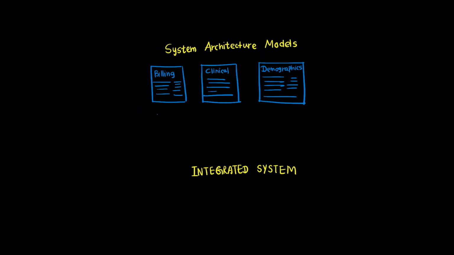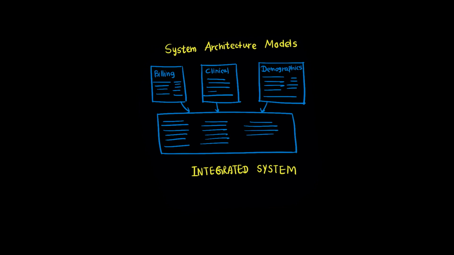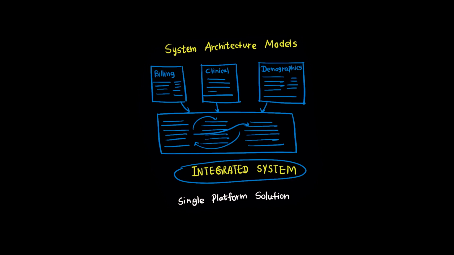This differs from best-of-breed systems that use separate specialized applications for each function, or standalone systems that operate independently. The integrated approach ensures data flows seamlessly between functions without manual transfers or interfaces. This architecture reduces data entry duplication, improves consistency across departments, and provides a complete view of patient information from admission through billing in one system.